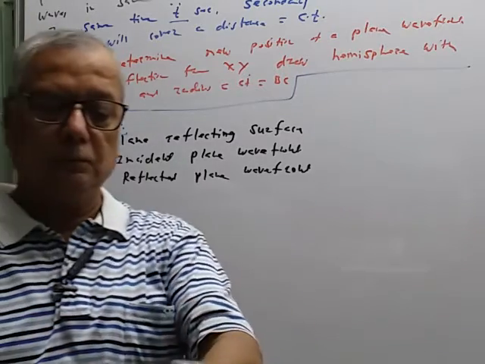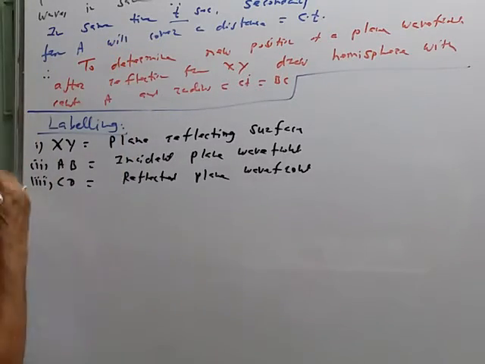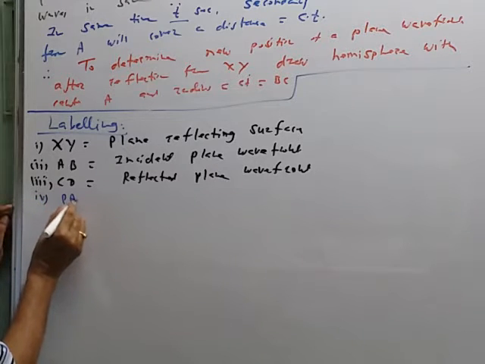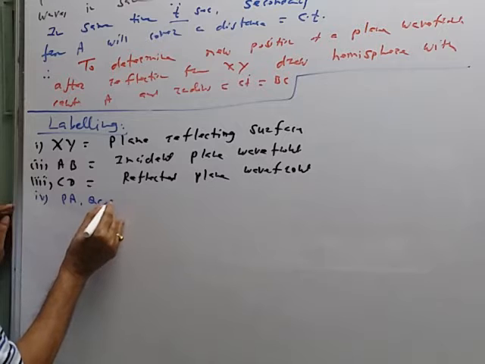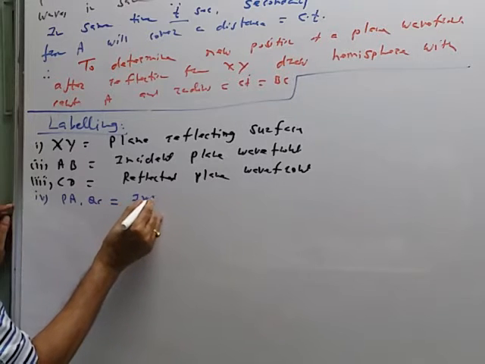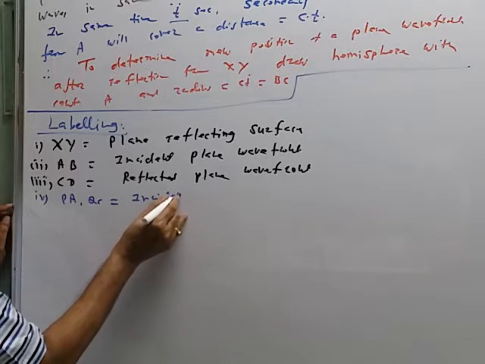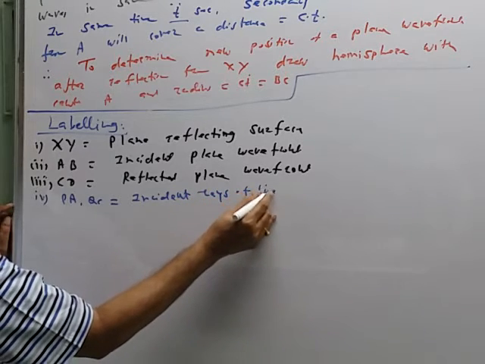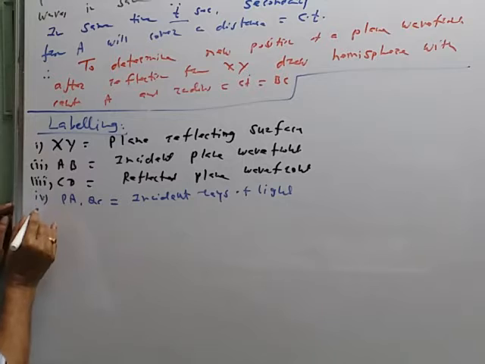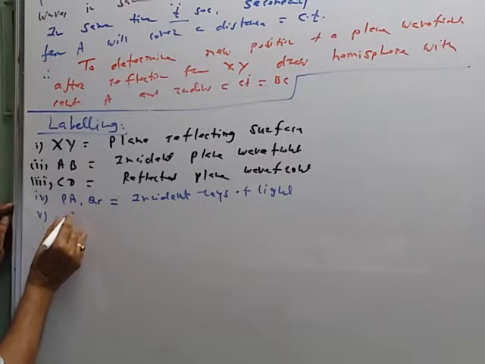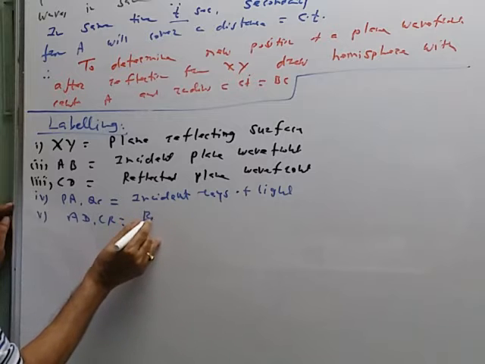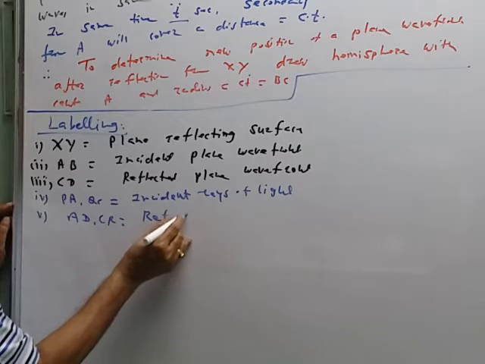Fourth, PA and QC are the incident rays of light. AD and CR are reflected rays of light.